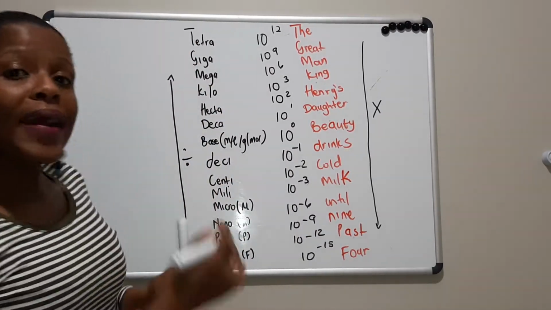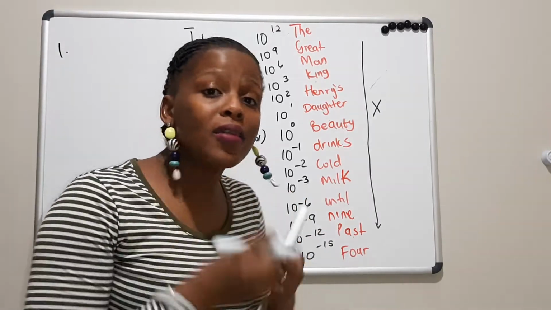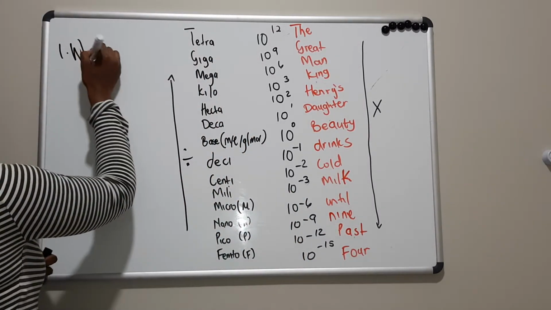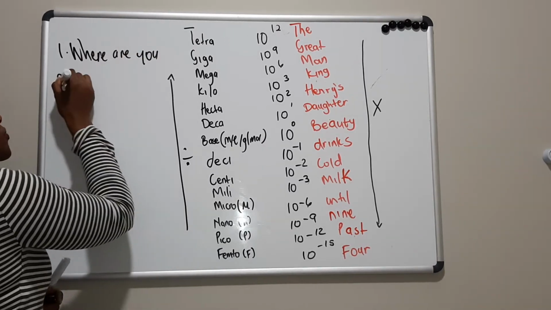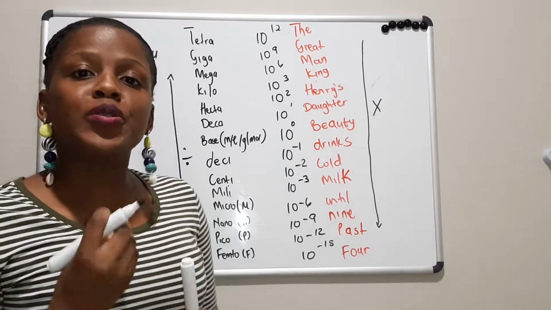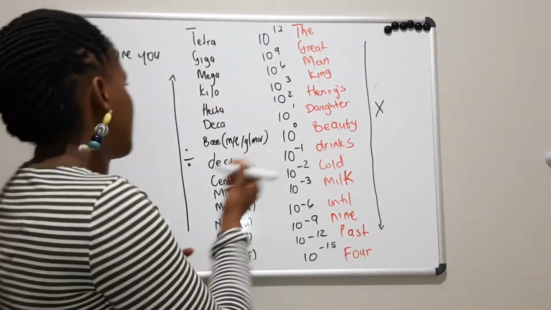Step number 1, you need to determine where you are. Number 2, you need to determine where you are going.